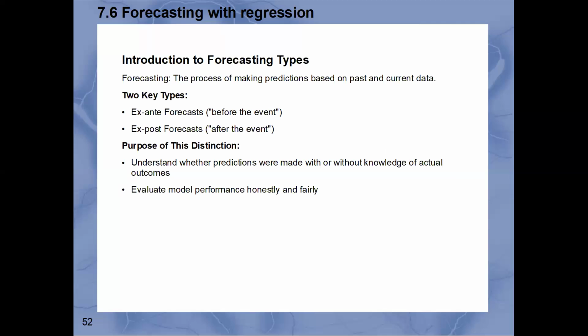The purpose of this distinction is to understand whether the predictions were made with or without the knowledge of the actual outcomes. So for example, if we're testing our model, we'll train it on part of the observations and then predict the remaining data, because we want to evaluate model performance honestly and fairly.